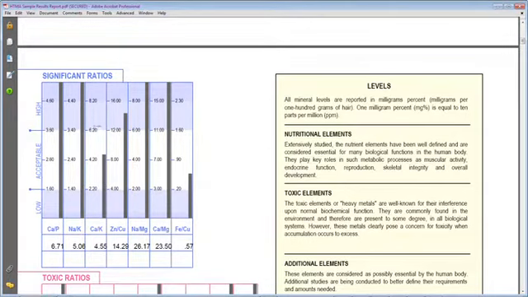And here's a chart of the significant ratios that we discussed above: calcium to phosphorus, sodium to potassium, calcium to potassium, zinc to copper, sodium to magnesium, calcium to magnesium, and iron to copper. It will be interesting to see what these ratios mean a little further on.